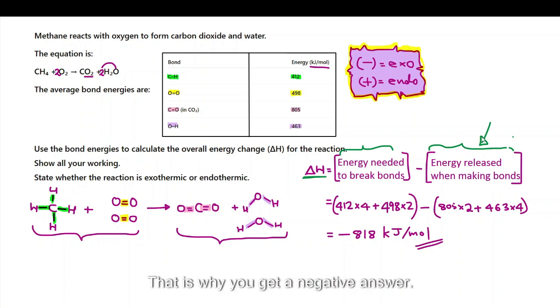So something small, take away a big value, will give you a negative answer. What does that suggest? The energy released is bigger than the energy needed. So overall, it gives out energy. That's why if something has a delta H value that is negative, it is exothermic. So you can write this exothermic.